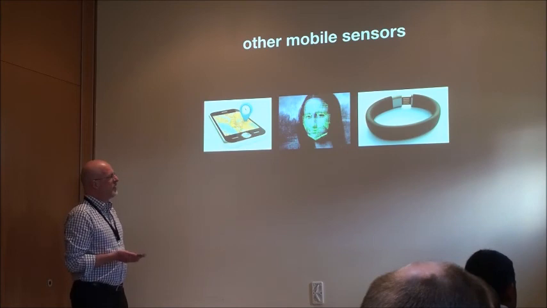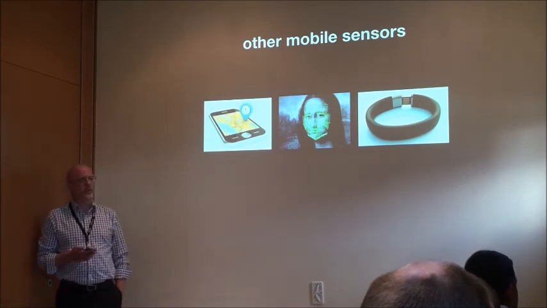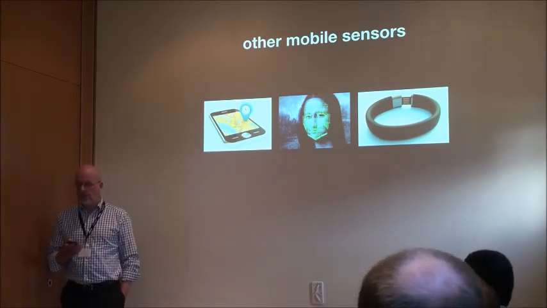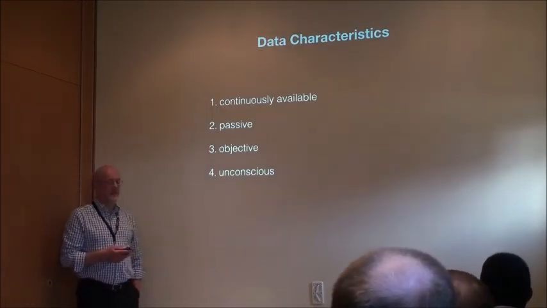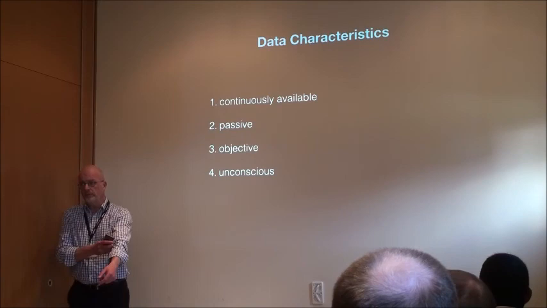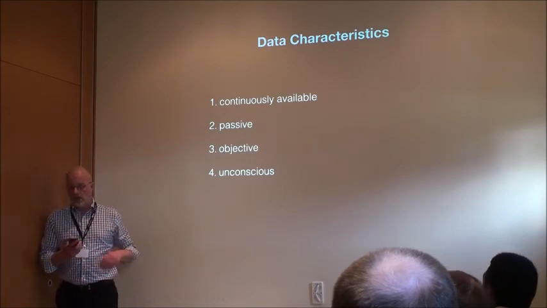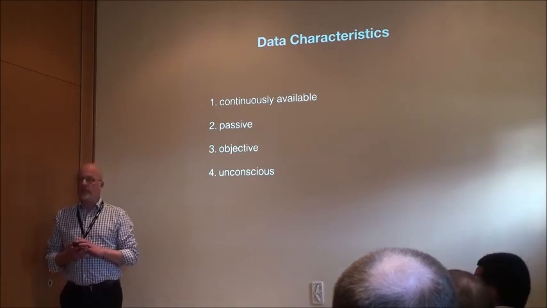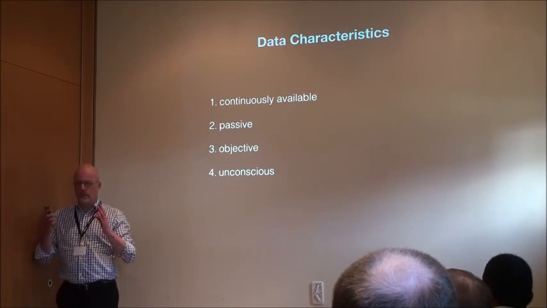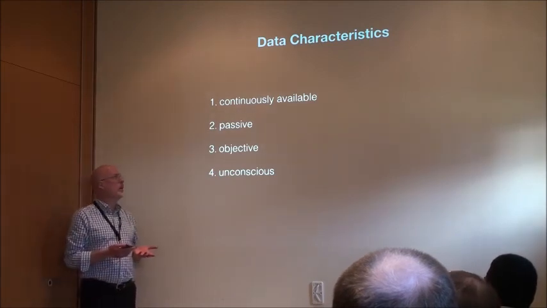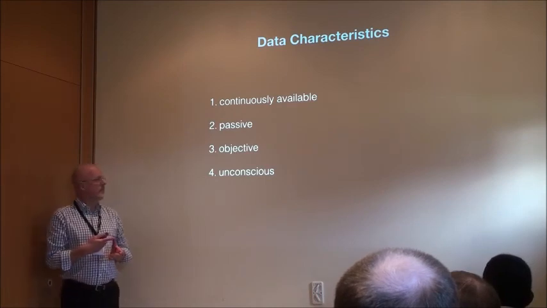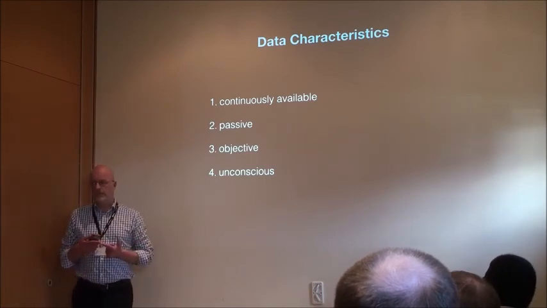Now, the type of data that I'm talking about has several characteristics which make it potentially very powerful. If we record data from the brain and the body, that data is continuously available. It is passive in the sense that the person does not need to do anything. The person can just sit there, as you're sitting there now, and we can record data from them. The data is quantitative and it is objective.